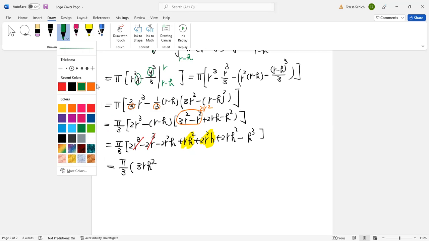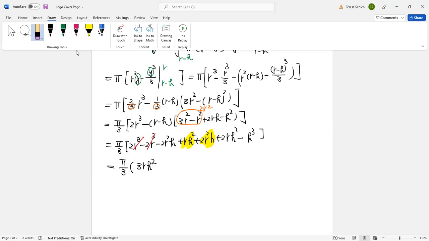And then here, negative 2r, oh, I'm sorry, let me kind of fix a mistake here, right? So 2r squared h, 2r squared h, okay, 2r squared h plus 2r squared h.